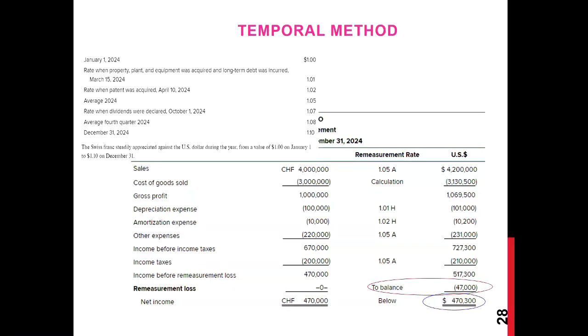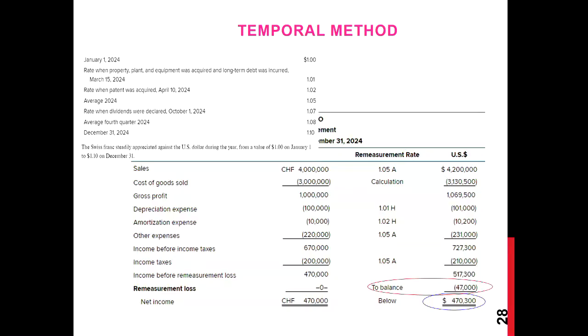So we have to subtract 47,000 here. So it's a loss. And this is how, under the temporal method, you will show your gain or loss on your income statement. Not difficult, but I'm just giving you some concepts. There might be some quick questions.